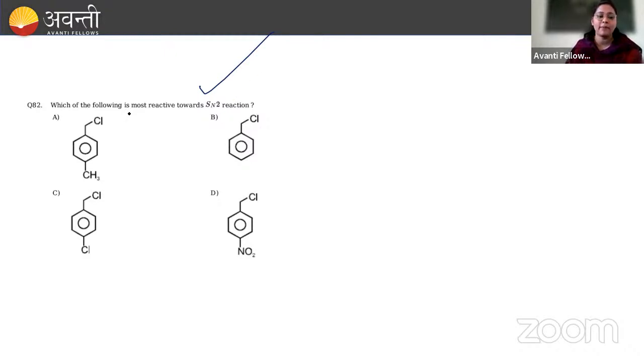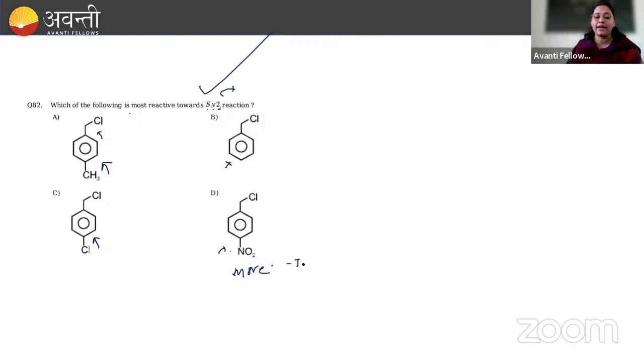In SN2 reaction, the rate of the reaction depends upon the nucleophile as well as on the reactant molecule, and that's why it is known as SN2, nucleophilic substitution bimolecular reaction. Here you can see this molecule is donating to this given halide. Here no substituent is present. Here this molecule is withdrawing; chlorine deactivates the ring, and NO2 again deactivates the ring. So which deactivates more? More deactivating is the NO2 group.